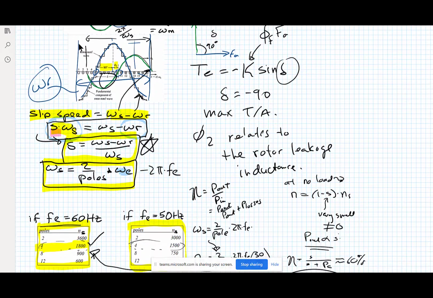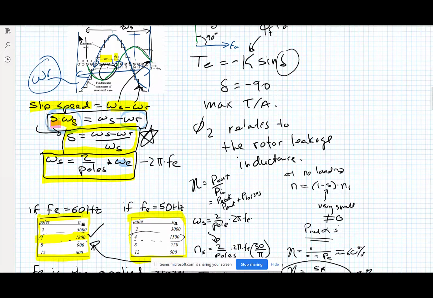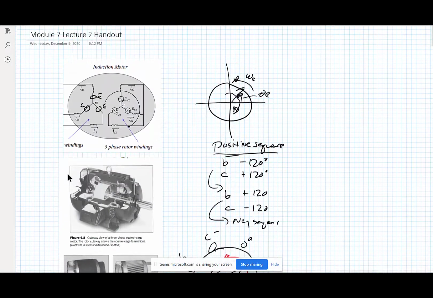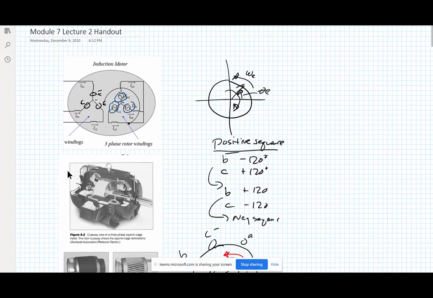Omega r is the frequency of the rotor flux. But the difference between these is inducing a frequency, effectively an electrical frequency, into the rotor winding. So just like the picture up here shows, you have voltages induced into the rotor, and they are 3-phase winding voltages, operating at a different frequency than what you applied here.